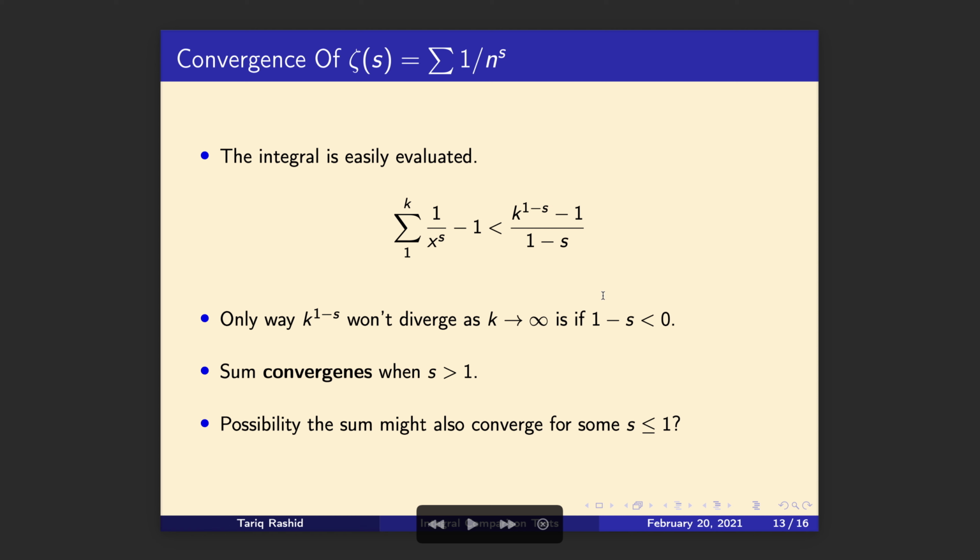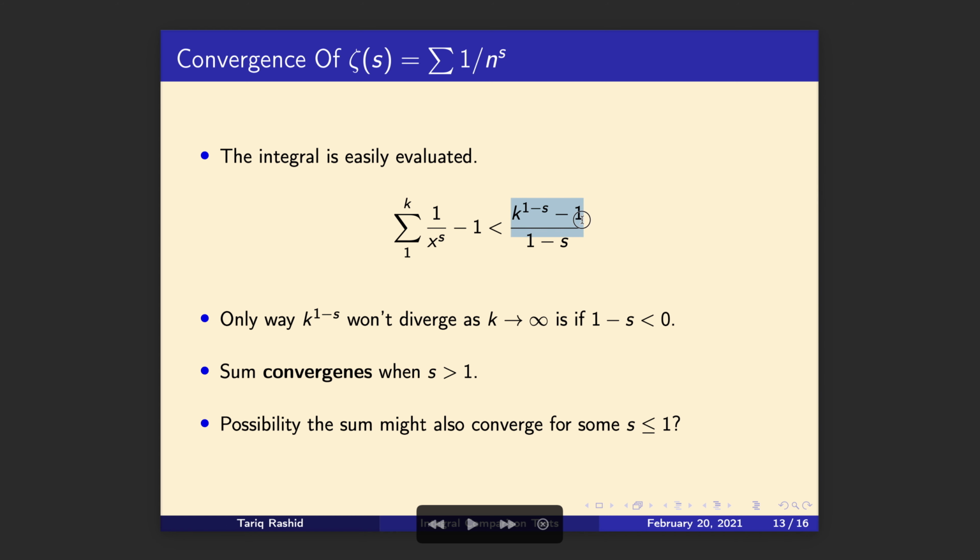Now if k goes to infinity, then the only way this is not going to diverge, because it looks like it will, k gets bigger and bigger, is if the power 1 minus s is less than 0. That's the only way this thing gets smaller and smaller. So 1 minus s is less than 0 gives us what we want. s is more than 1.